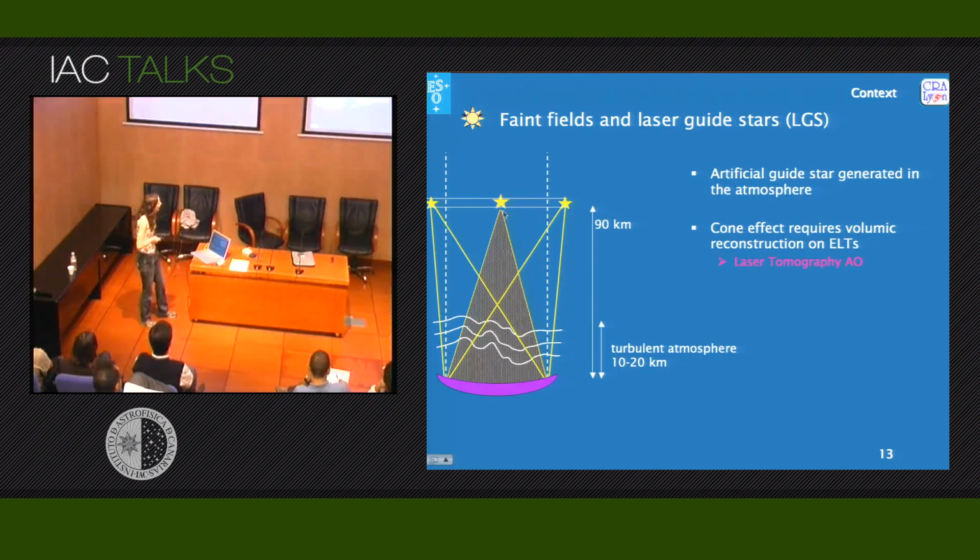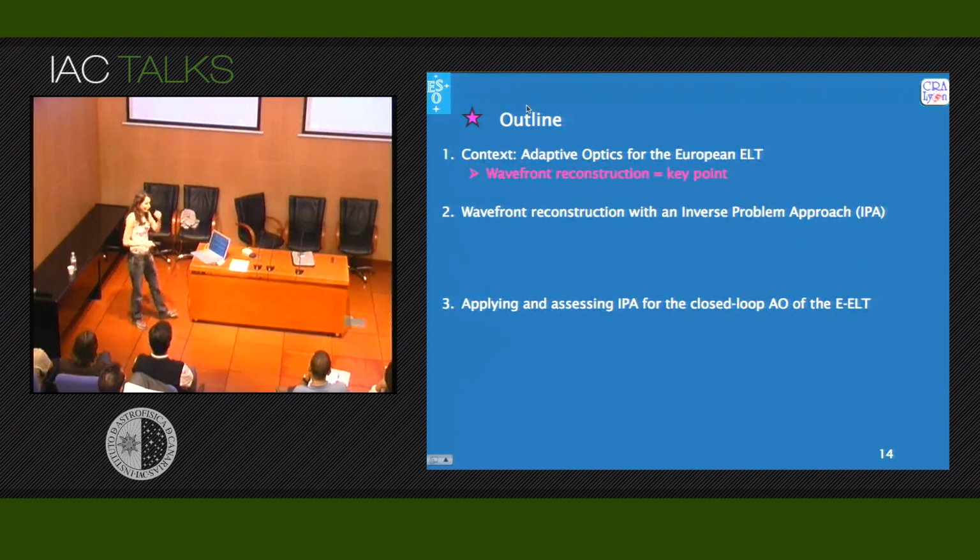That's why you have to build a tomographic reconstruction of the wavefront. So the wavefront reconstruction is a key point to develop the adaptive optics of the European ELT. And I will now go into more detail on what it consists of and how to make a wavefront reconstruction.